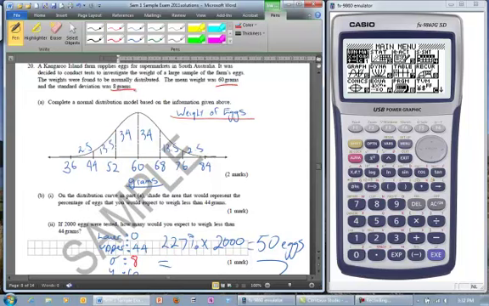The first part: complete a normal distribution model based on the information given above. Make sure you put a title on your graph, which is weight of eggs. Make sure you tell us it's grams down the bottom, and across the bottom is your mean, and it goes up in the standard deviation. So 60, then 68, 76. I'm just adding 8 each time on the way up, and conversely on the way down we take 8.